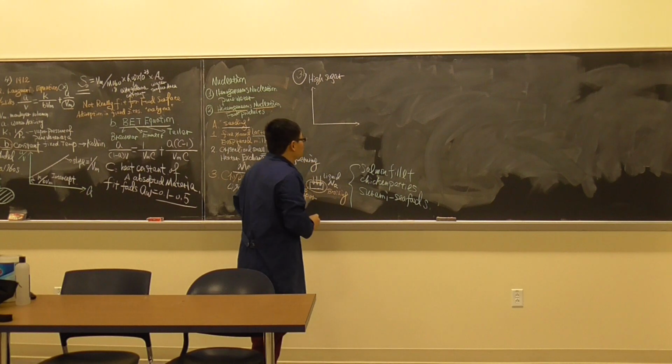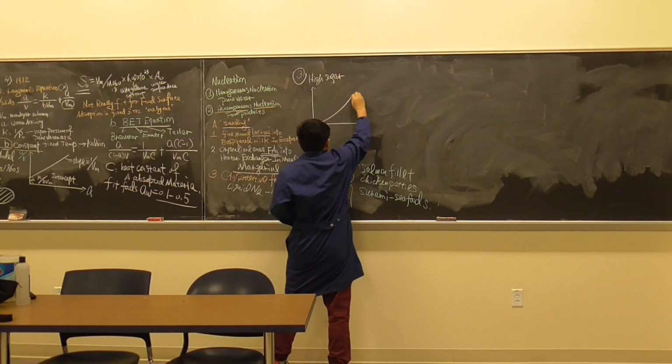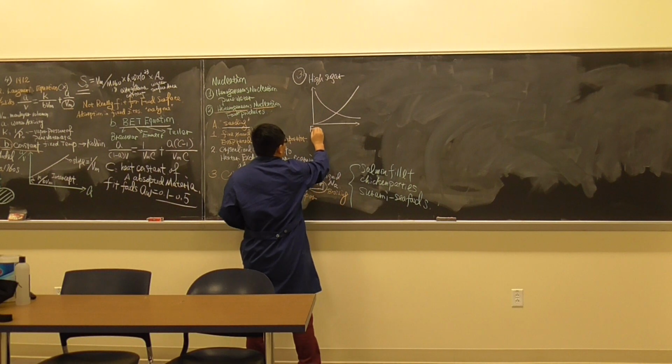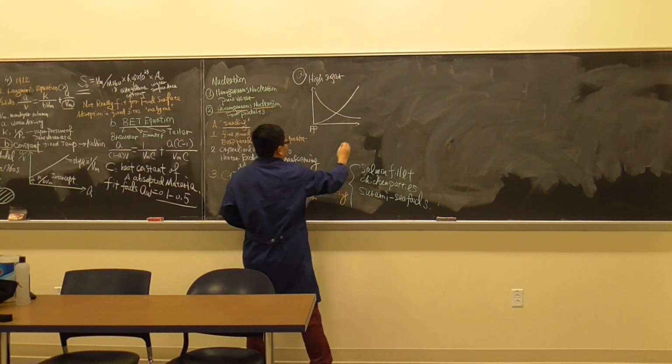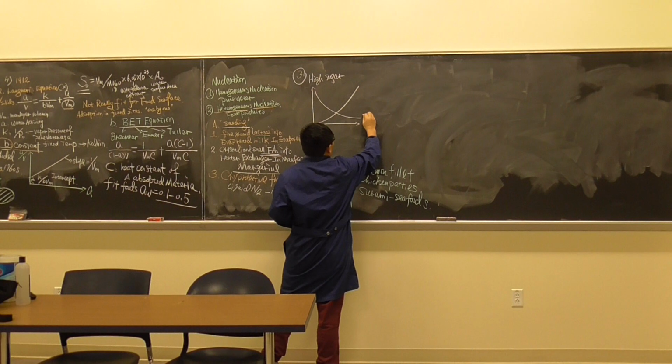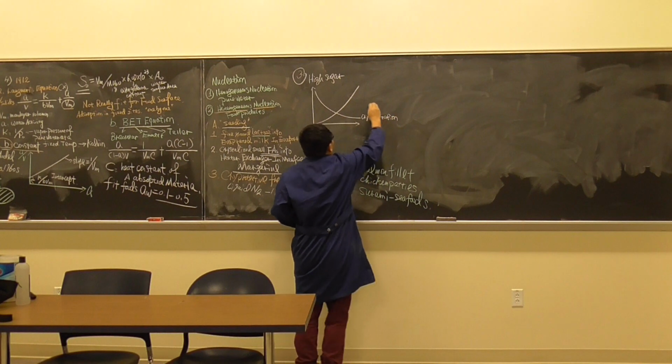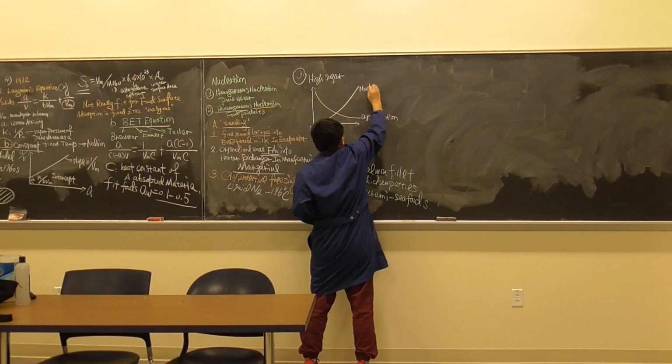In your textbooks, there is a curve they talk about. This is the freezing point. This we call crystallization, and this is nucleation.